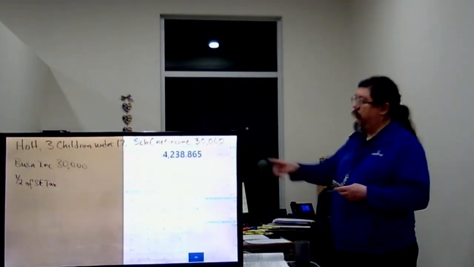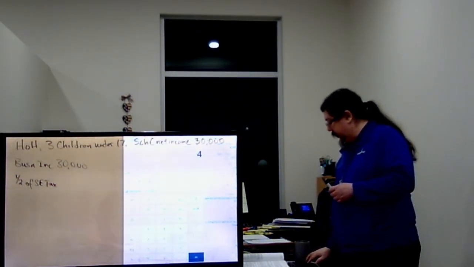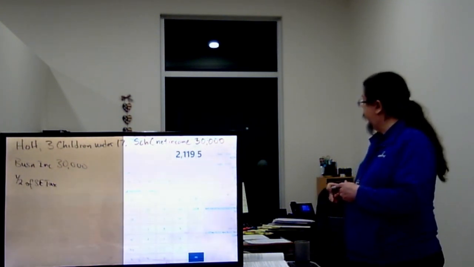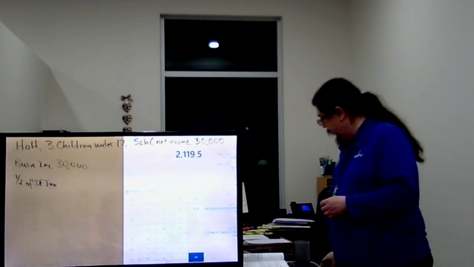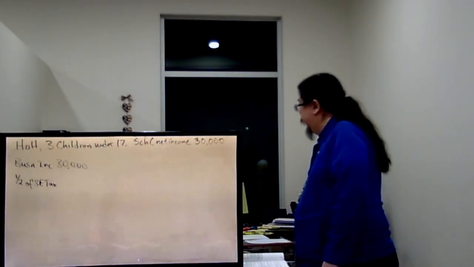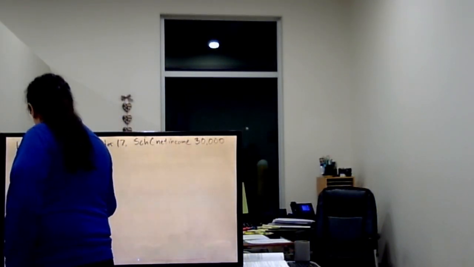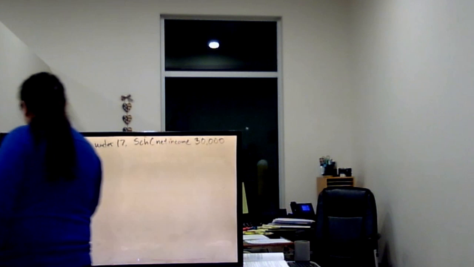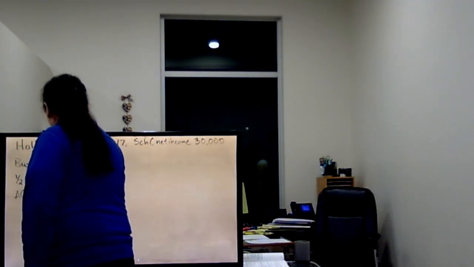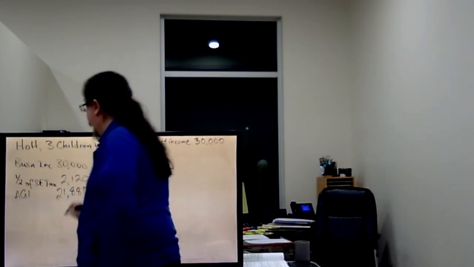The self-employment tax is $4,239, and 4,239 divided by 2, rounding up, is 2,120. So their adjustment is 2,120, which makes their adjusted gross income $27,880.